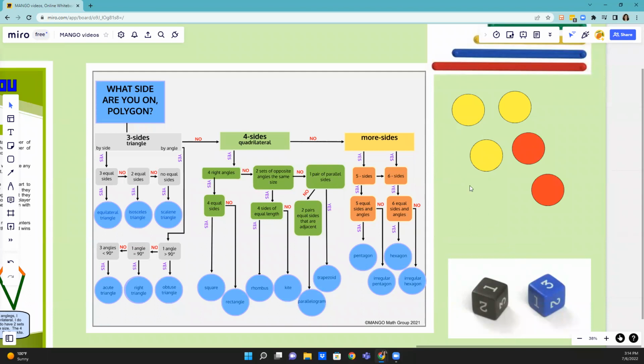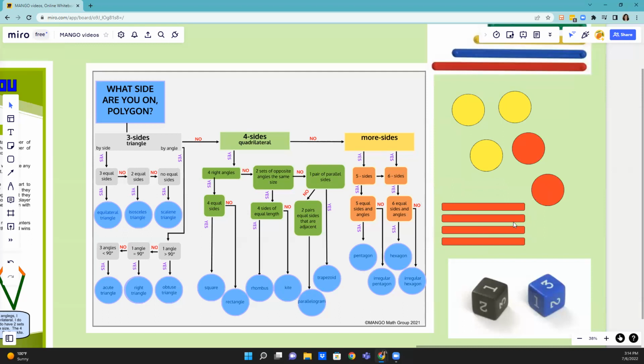Then you are going to use the Anglegs to create a polygon, and you are going to make sure you follow all the characteristics of that polygon. So if you're going to make a square, you're going to need 4 Anglegs of the same length. I'm going to replicate these.